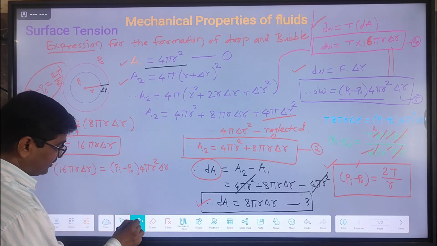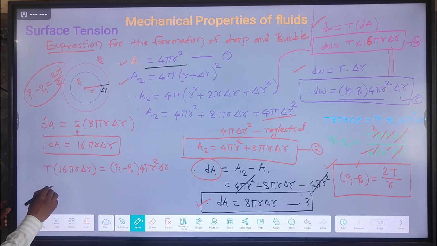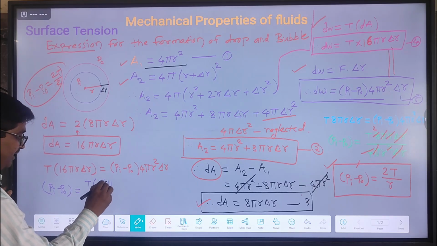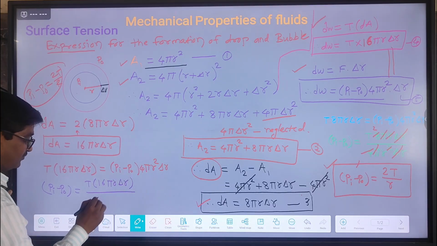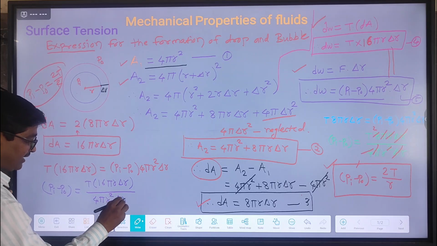Clear? Now the excess pressure Pi minus Po is equal to T into 16 pi r into delta r, whole divided by the remaining 4 pi r square into delta r.